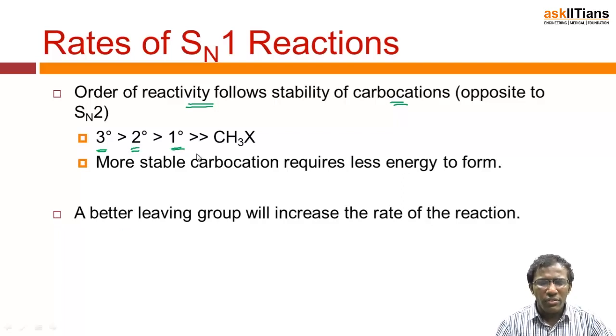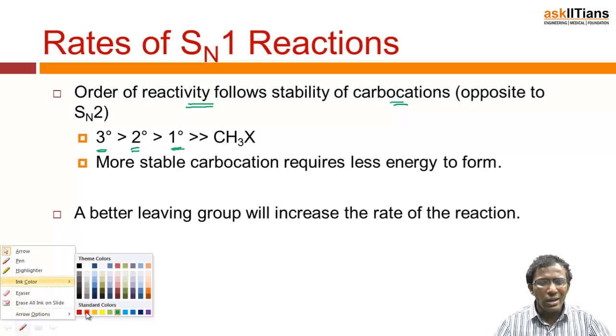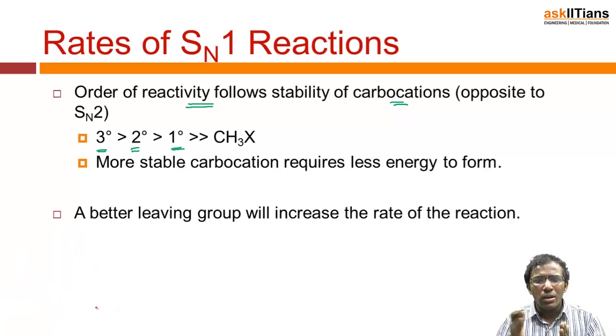If I take one particular group, like tertiary butyl chloride, bromide and iodide, how do I decide the rate of those molecules towards the SN1 reaction? In all three cases you will get only the tertiary butyl carbocation, right?